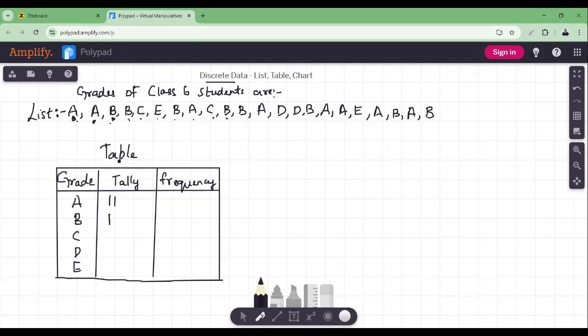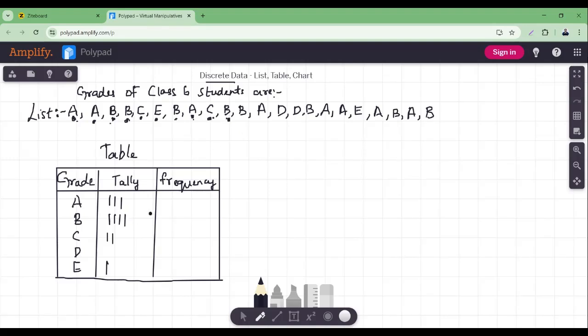These are called tally marks. So B here again, a tally mark here. For C, a tally mark here. E here, a tally mark here. B again, tally mark. And A here, tally mark. C here, tally.